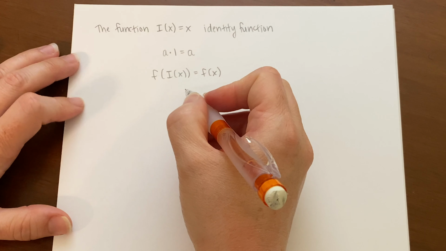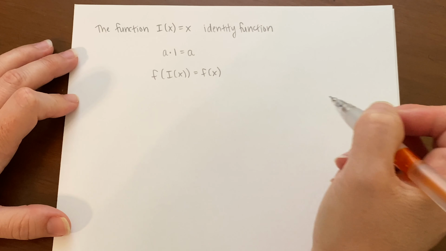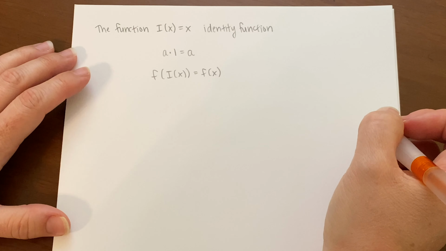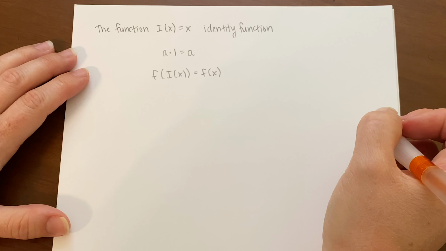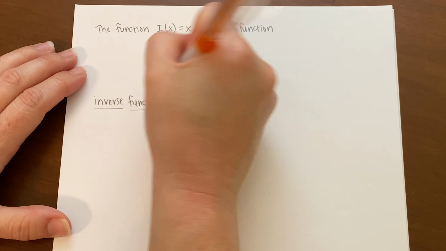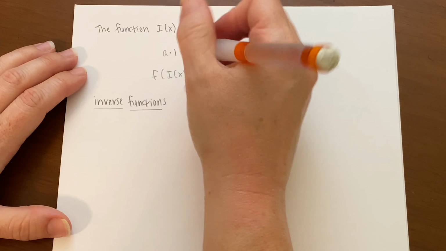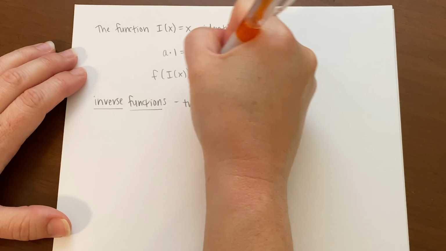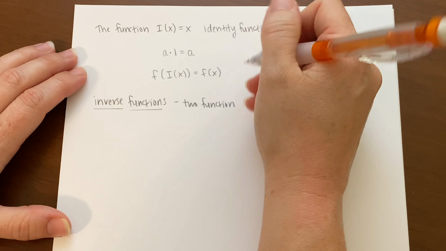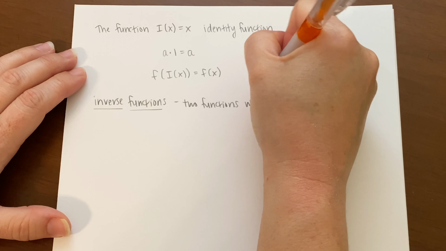This comes in handy when we're testing two functions to see whether or not they're inverses of each other. So two functions whose composite is the identity I are called inverse functions. So this is a special kind of relationship between two functions, inverse functions.